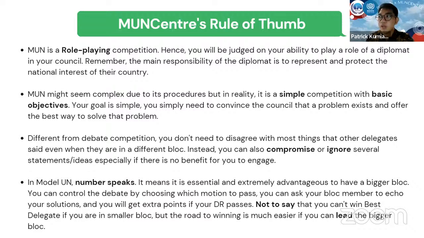So if you disagree with someone, deliver it in a way that a diplomat would. Either deliver it politely, in a way that your explanation is very academic without offending the personalities of the delegate, or you can also try to find compromise, which gets me to my point number 3, which I'm going to elaborate later.